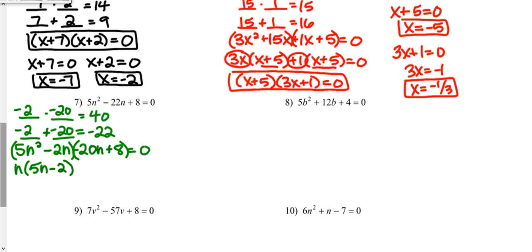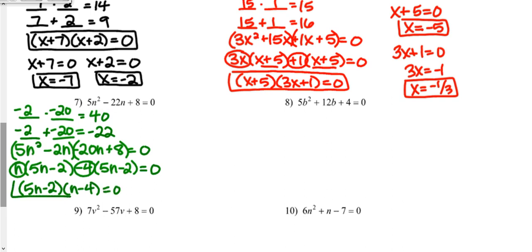In the second set of parentheses, I can divide both those by a negative 4, leaving me with 5n minus 2. So since 5n minus 2 is the one that's repeated, that's one of our factors. The other one comes from your 2 GCFs, which is n minus 4. So that's your factored form.